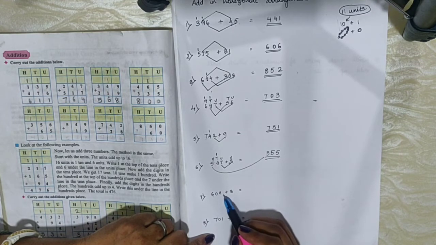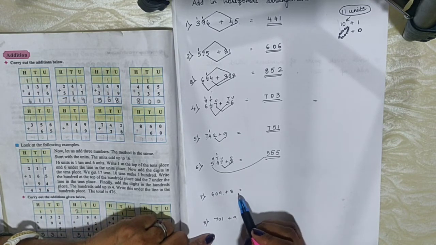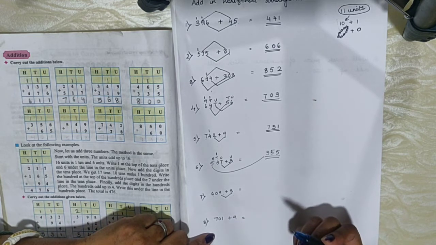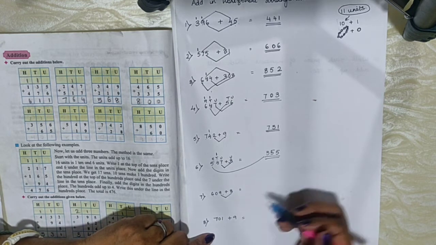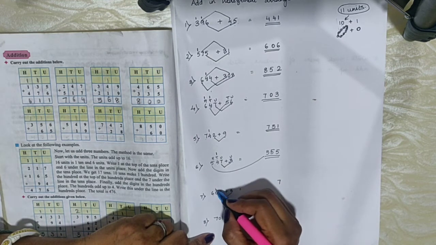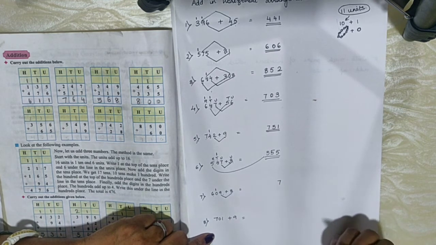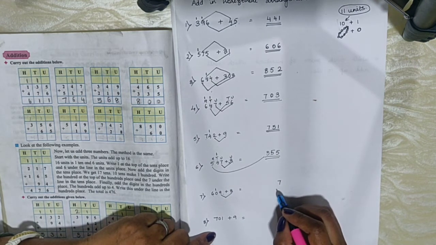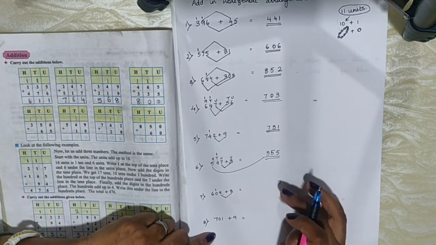Then 609 plus 8. See, again units and units. 9 units plus 8 units is 17 units. So 1 you will carry to the tens place. See, you can't write more than 9 over here. You can't write 10.